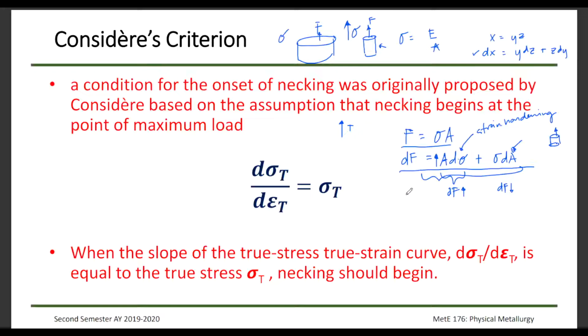Tumitigas yung material mo, nagiging stronger siya, pero at the same time nagiging weaker din siya dahil lumiliit yung area. So what the Considère criterion is saying is that we want to get the point at which we have maximum load, no? And if you have an equation like this, dF is equal to A dσ plus σ dA, the way to get the local maximum, and you probably learned this in your math subjects as well, is just to equate this to 0. So meaning, hinahanap mo lang yung slope kung saan 0.